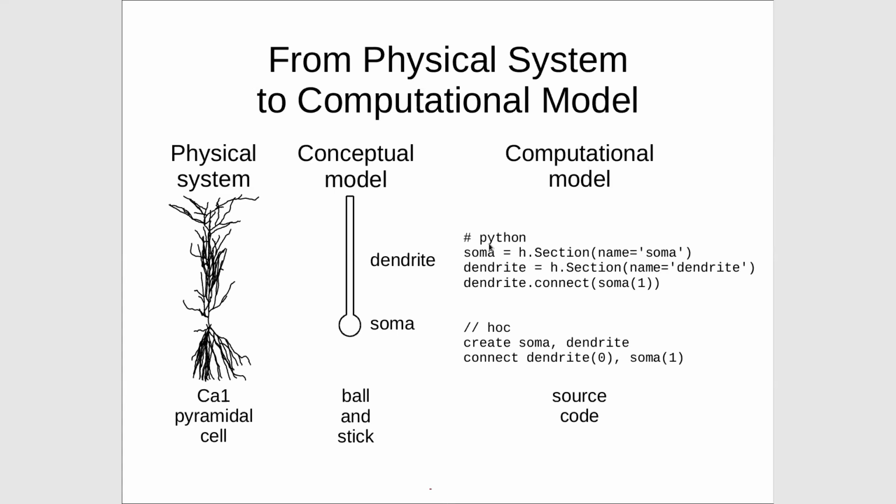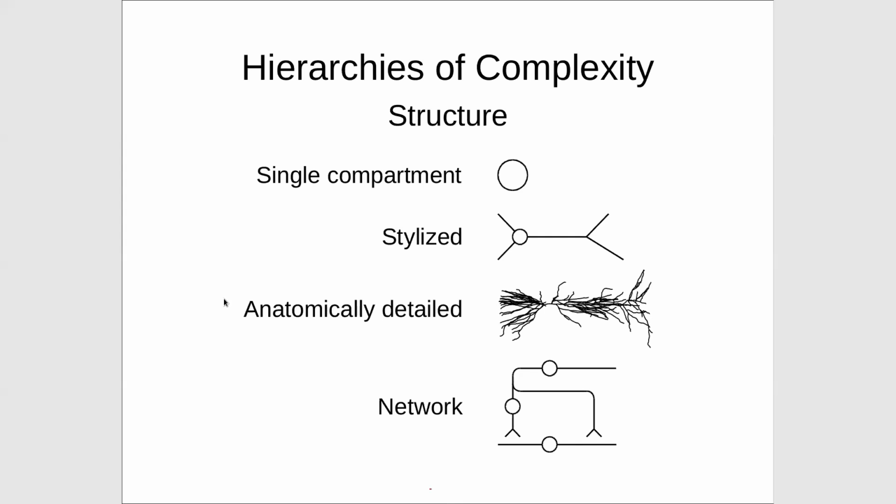Okay, let's move ahead. What kind of models can NEURON handle? Well, obviously, it can handle a single compartment or a stylized, like ball and stick model, no matter how elaborate the sticks are. It can also obviously handle large-scale anatomically detailed models with many, many branches. There are many publications that report work that use such models.